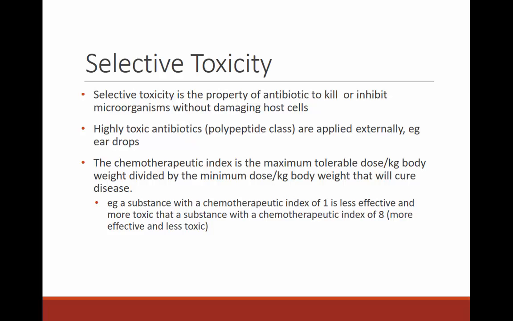Say a rating of 8, it's more effective and less toxic. Okay, so there are a range of values for that. You can have highly toxic antibiotics. You certainly wouldn't be ingesting them. They're the ones for external application.